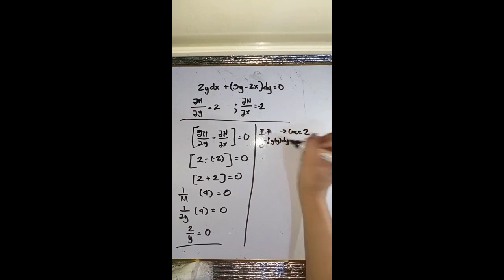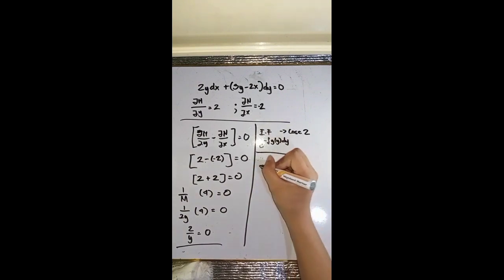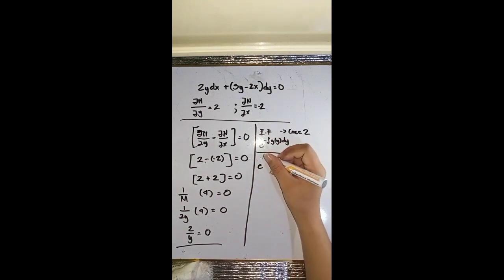Substitute the value, so negative integral of 2 over y dy.